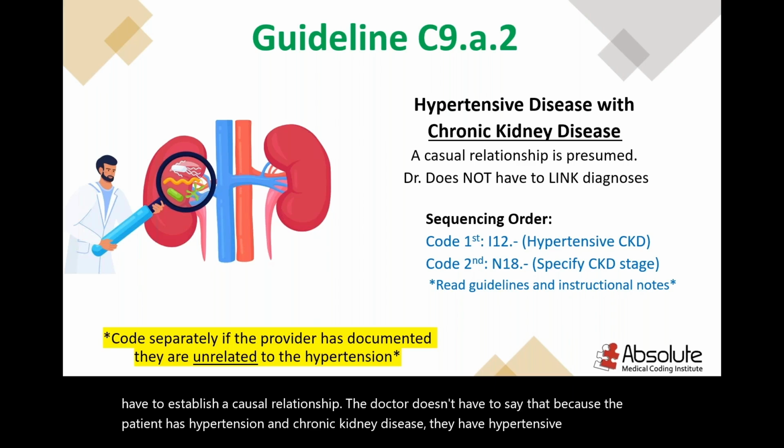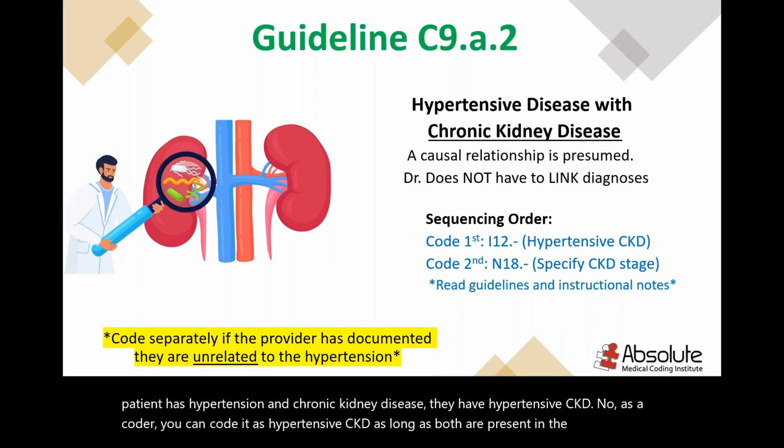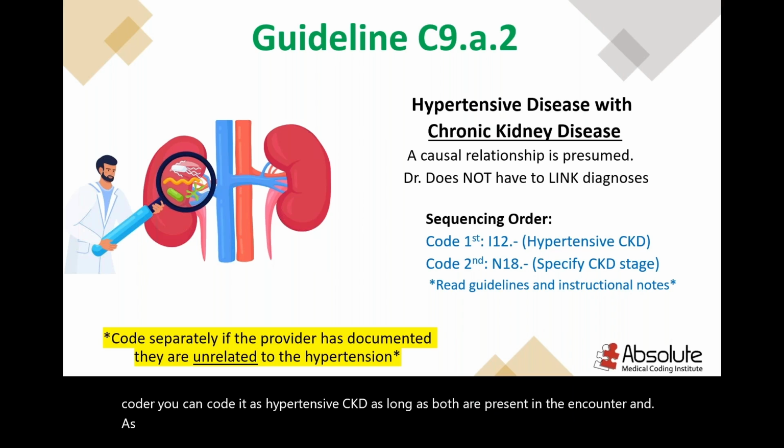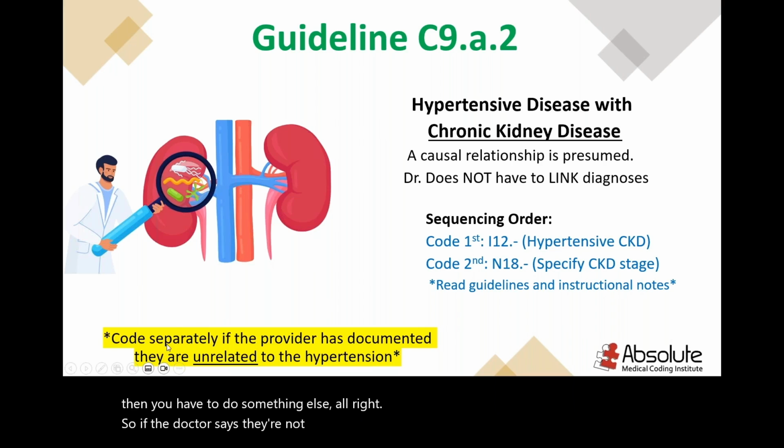No, as a coder, you can code it as hypertensive CKD as long as both are present in the encounter, and as long as the doctor doesn't say it's not related. Now, if the doctor says they're not related, then you can just go ahead and code each separately.